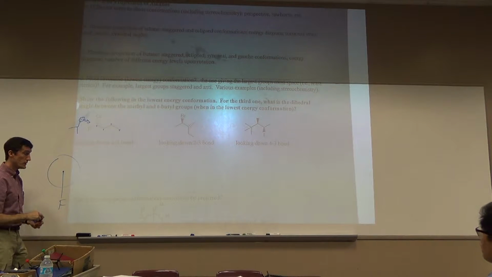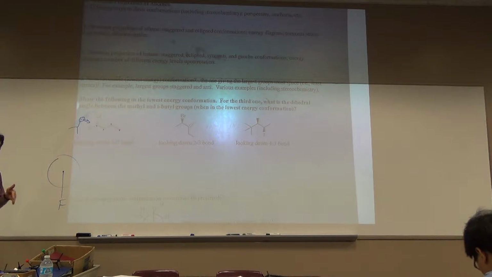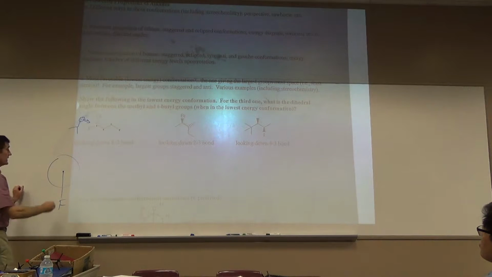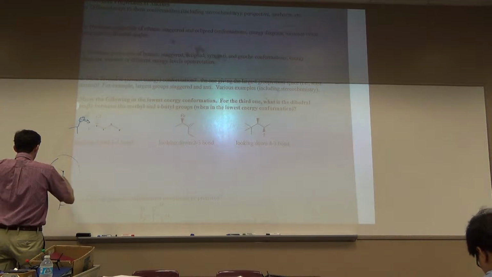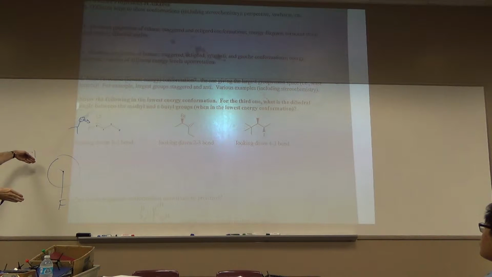If it's behind the board and I'm standing here, behind the board would be on which side, my right or left? My left, because on the right is you guys. You guys are on this side of the board. Chlorine's on the left. If I'm looking down that bond, I see a chlorine to the left, going back.